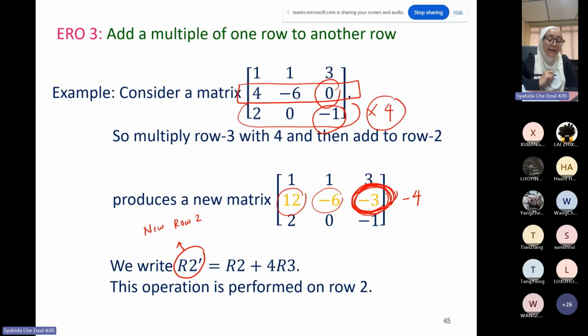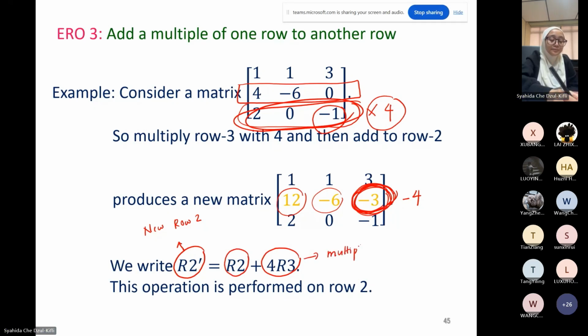We get it by using row 3, because we multiply old row 3 with 4 and then we add it to old row 2.